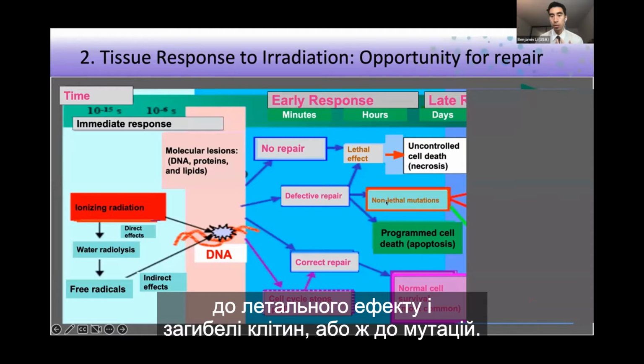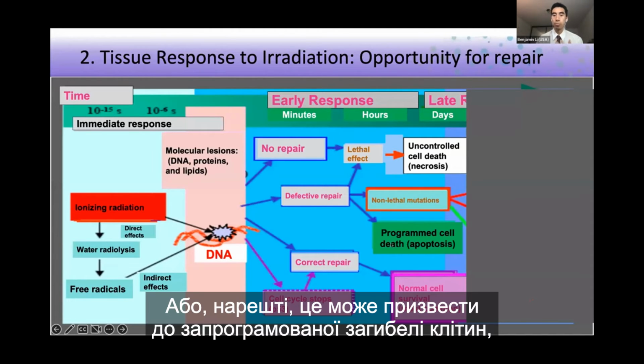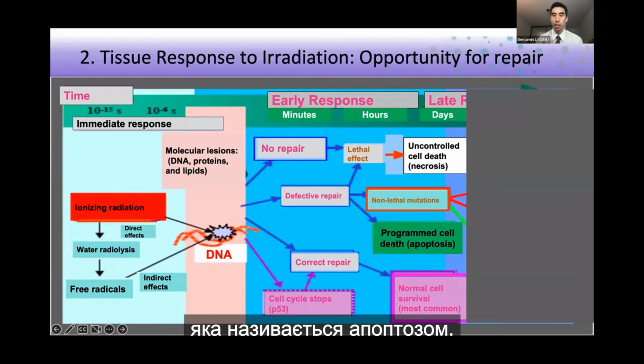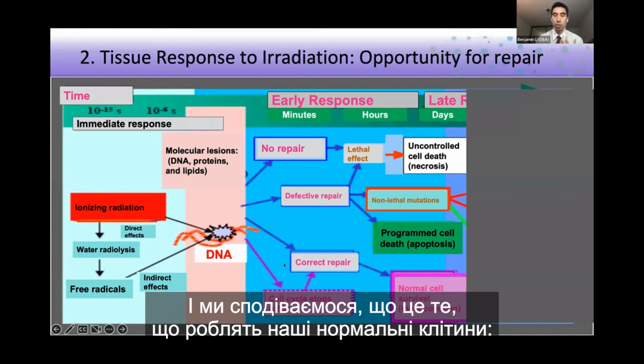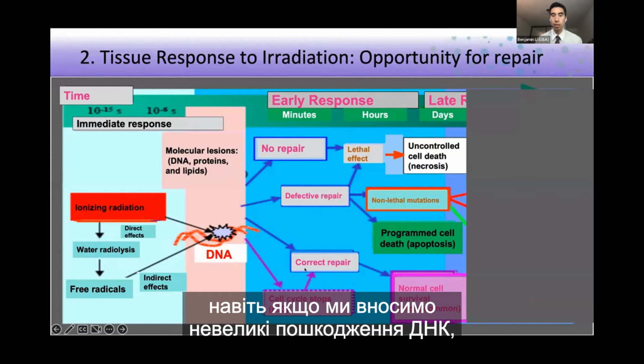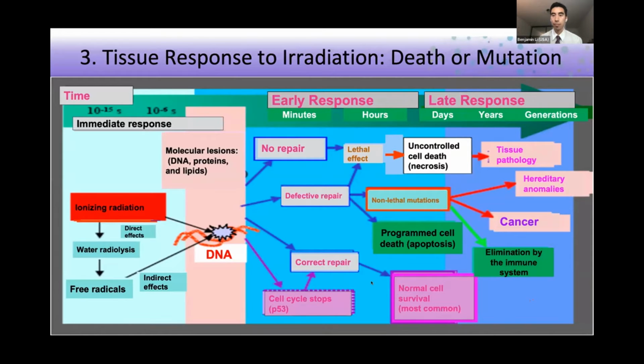Or it could lead to mutations. Or lastly, it could lead to programmed cell death, which is called apoptosis. If there's correct repair, then the cell survives. And this is what we hope our normal cells are doing, that even though we're introducing small amounts of DNA damage, they're recovering and repairing between each fraction of radiation that we give.